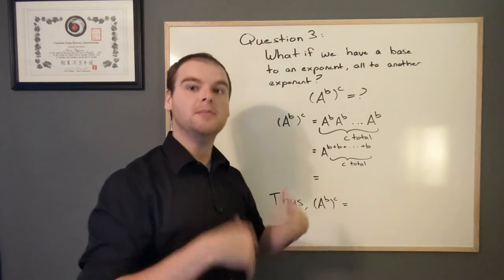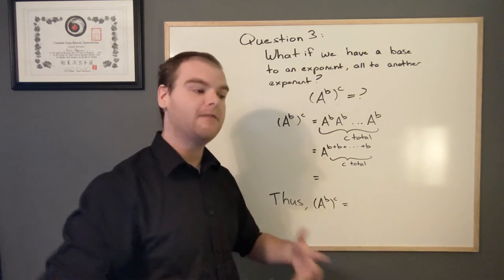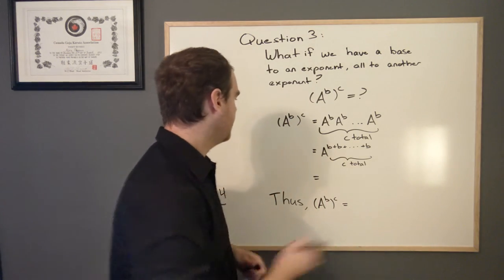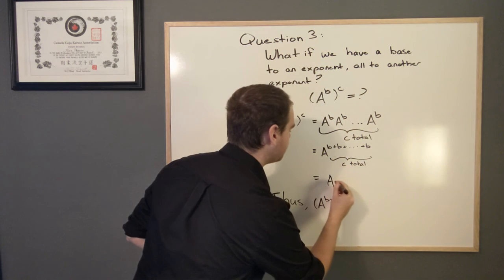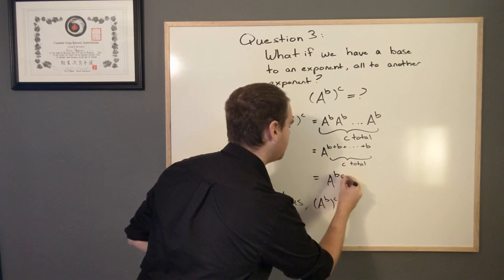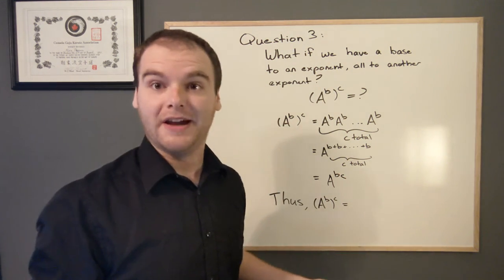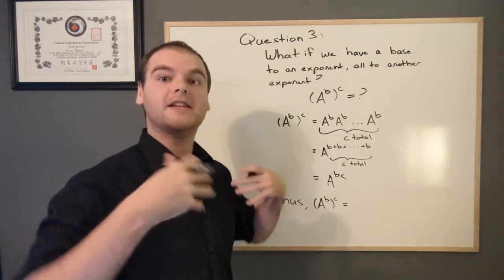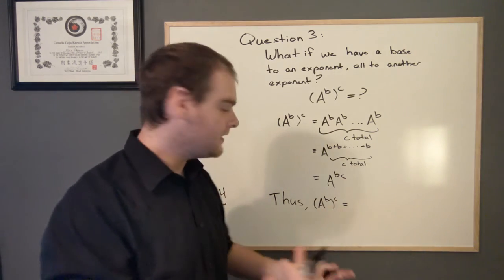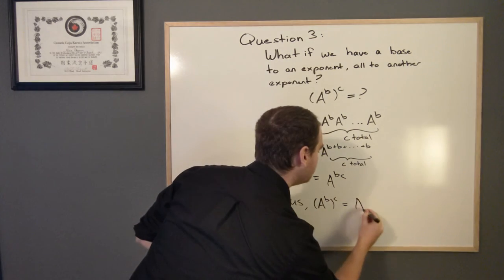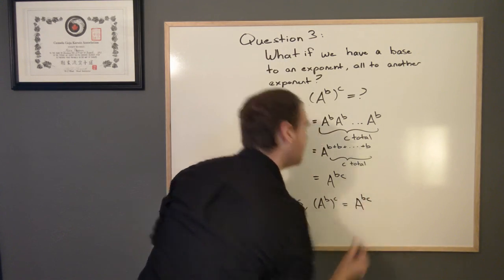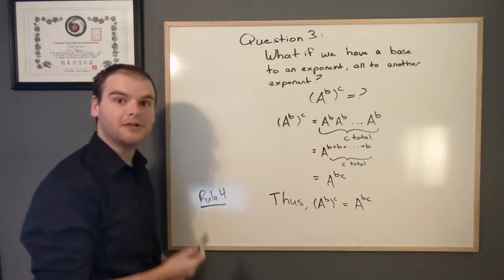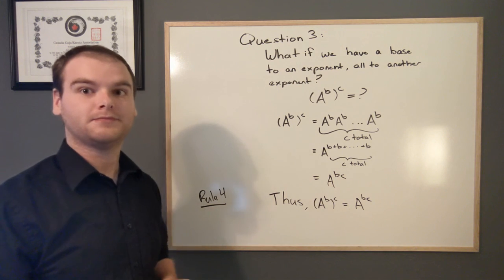So we have a to the b plus b plus b plus b, so that we have c b's total. Well, that's pretty easy, because that's just b times c. So in the end, when we have a to the exponent of b to the exponent of c, we just multiply the powers and get a to the b times c. And this actually creates our fourth rule.